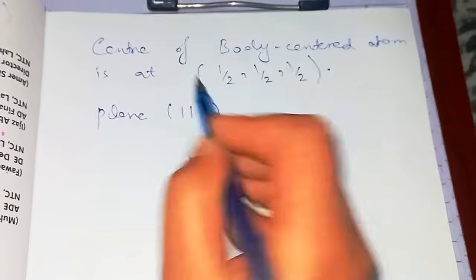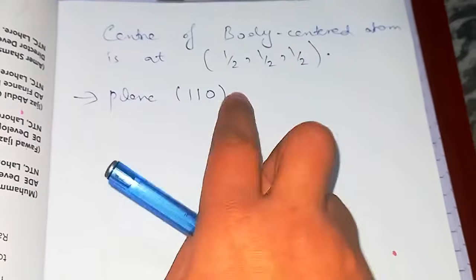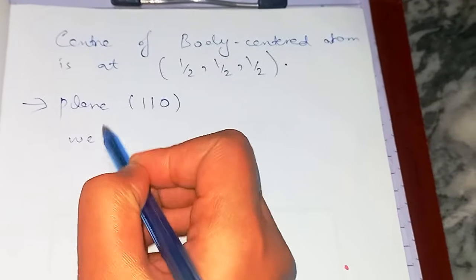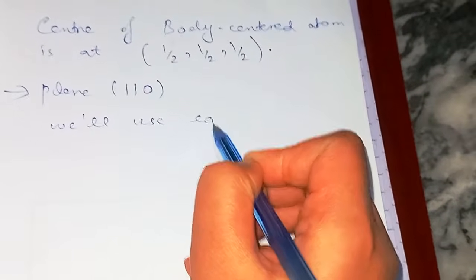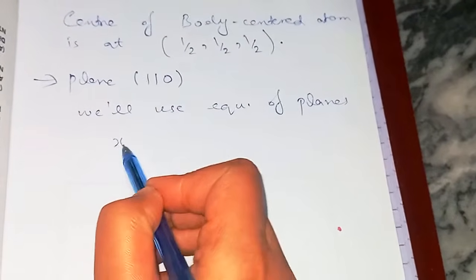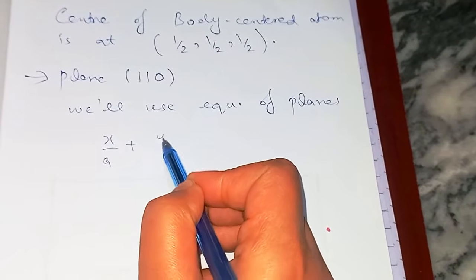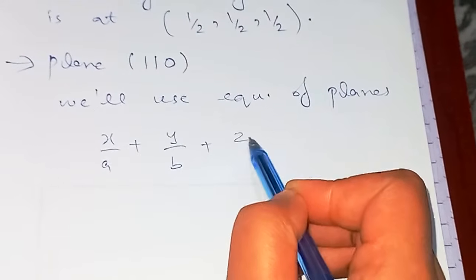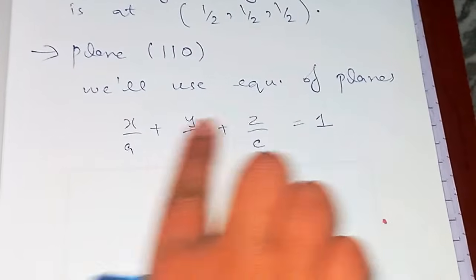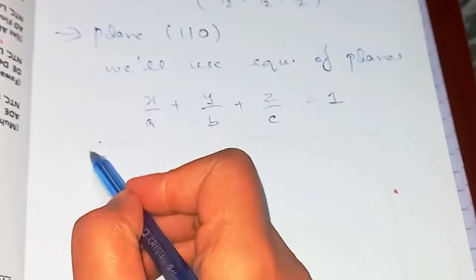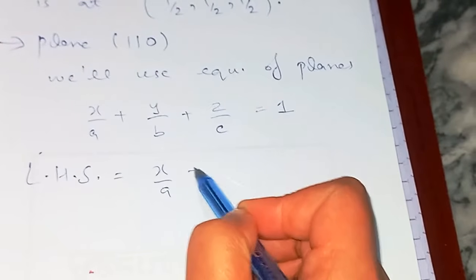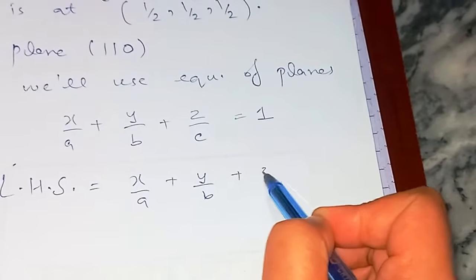So if we want to see whether this atom is contributing to the plane 1 1 0, we want to check whether this atom lies on this plane or not. For that purpose, we'll use the equation of planes, which is x over a plus y over b plus z over c equals 1. I'm gonna take the left hand side, which is x over a plus y over b plus z over c.